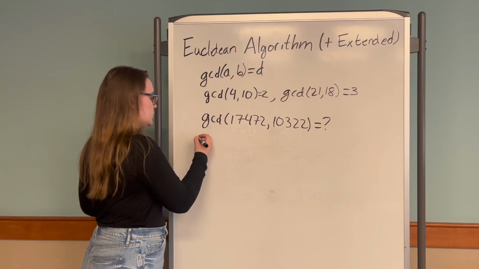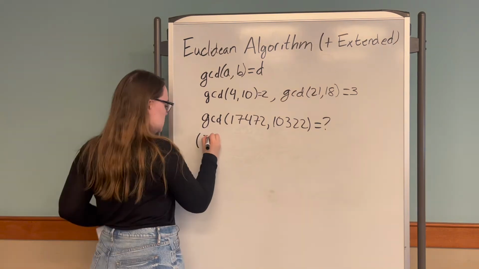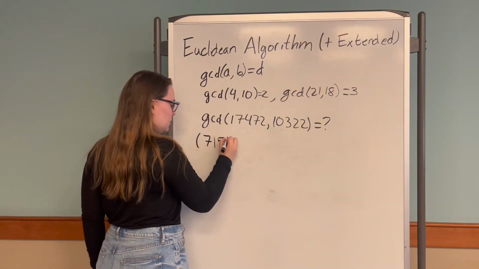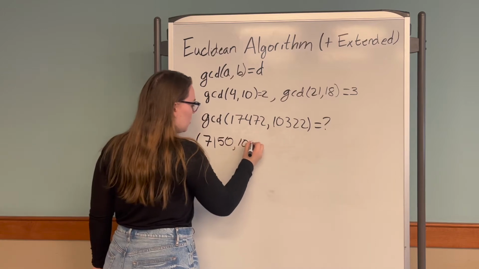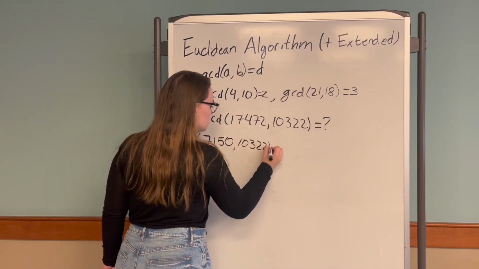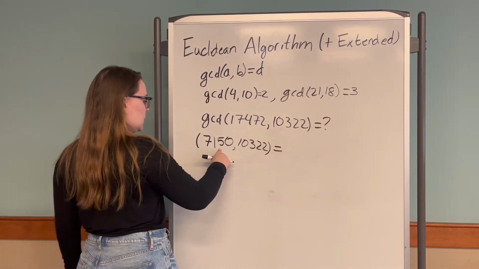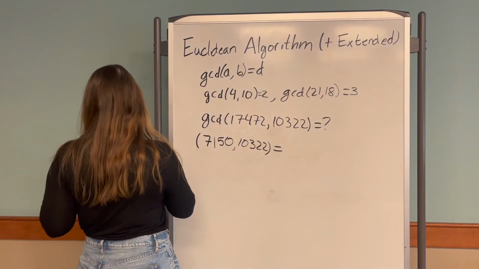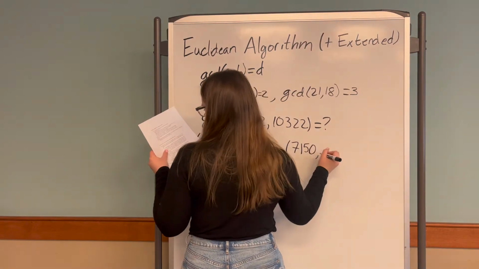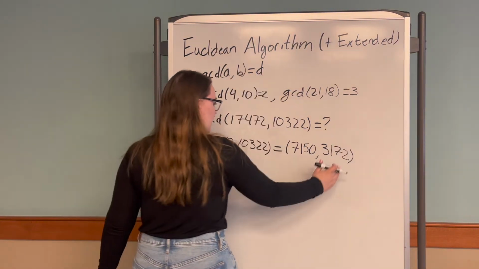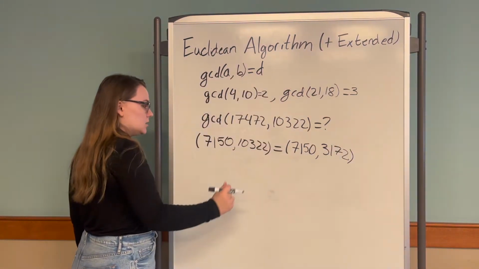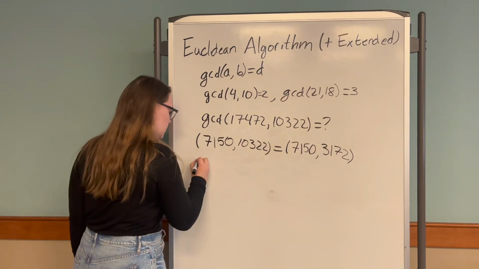Here, this would become 7,150 and 10,322, and now we subtract the smaller number from the bigger number. Now we subtract this number from this number until we get the smallest positive integer.